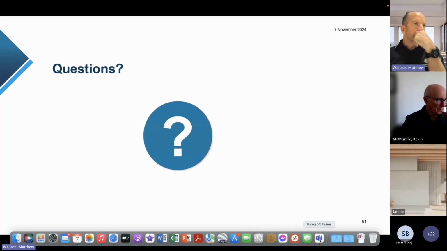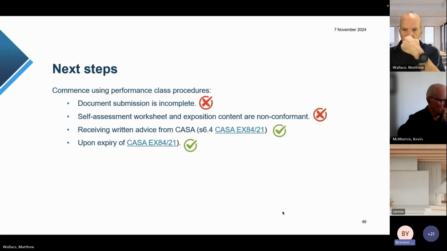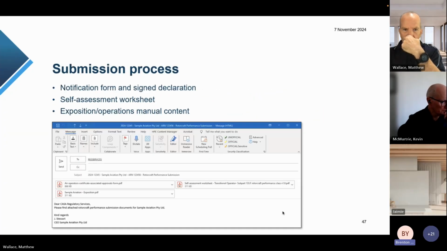Brenton, you got your hand up, mate? Yeah, g'day. Brenton Yorith, I'm from United Aero as well. Can you just jump back to slide 27? I just had a question about that slide that you talked about, operations for PC3, operations for 133 being turbine helicopters. We sort of skipped over that one quite quickly.